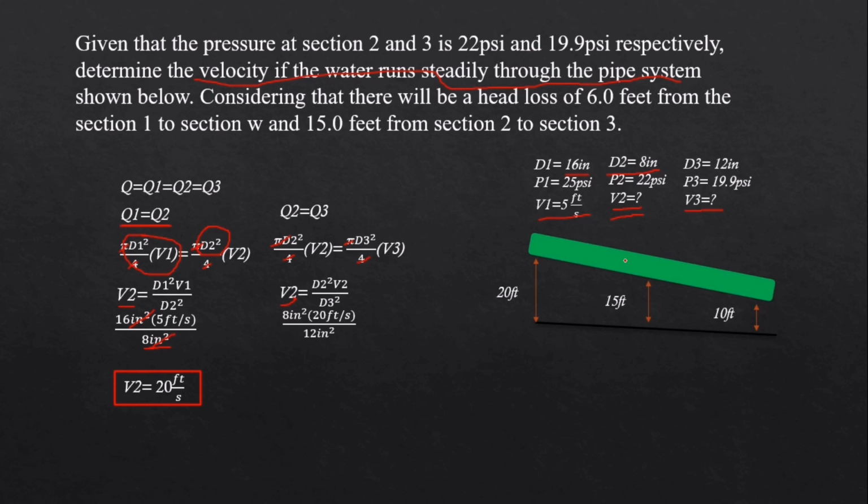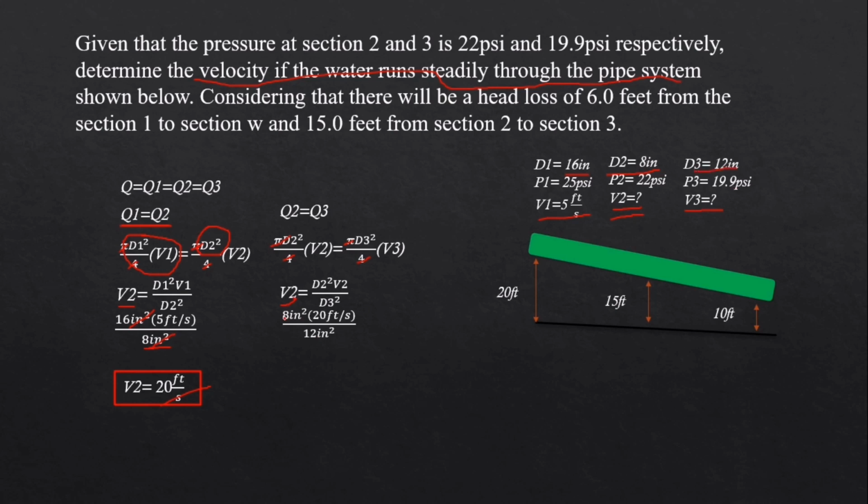So the value for our D2 is 8 inches times the value for V2, which is 20 feet per second, over the value for D3, which is 12 inches.